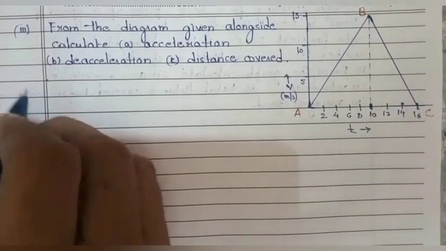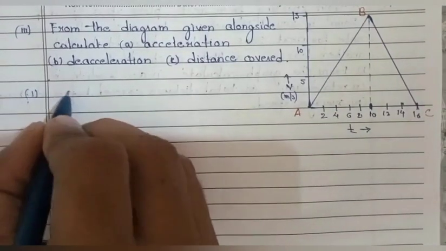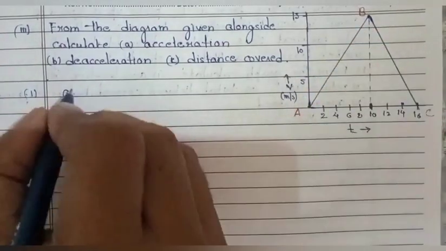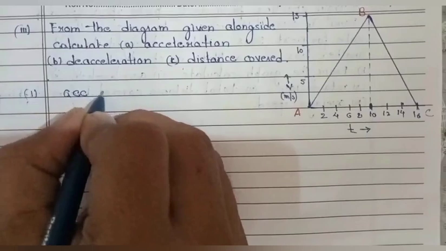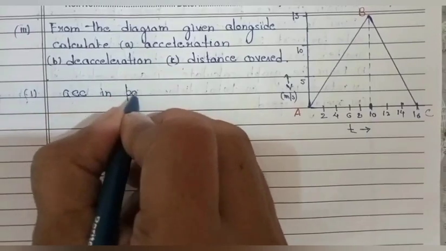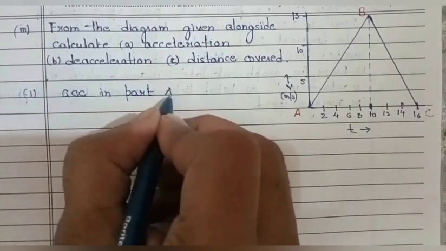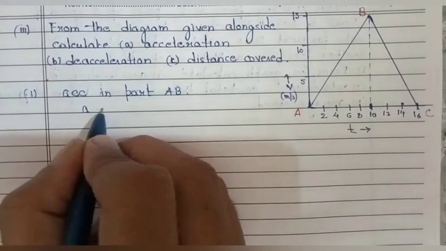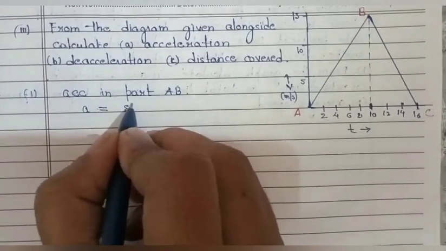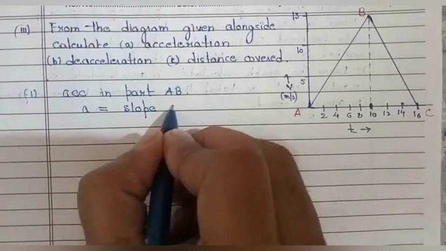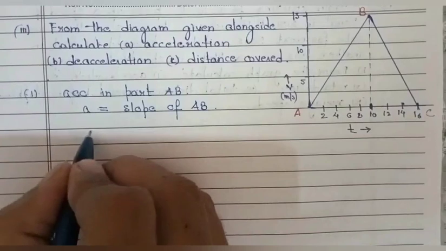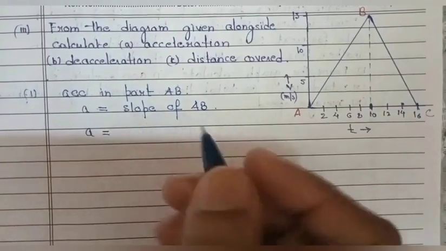Now to calculate the acceleration, first of all we can see that acceleration is in part AB. Now how do we calculate the acceleration? To calculate acceleration we need to find the slope of AB. And how will we get the slope?